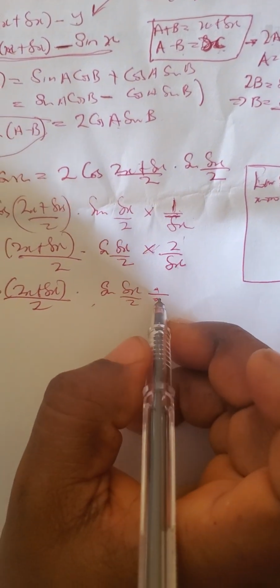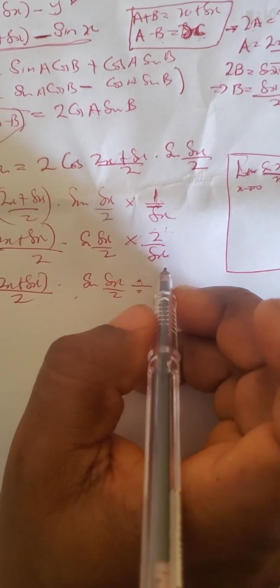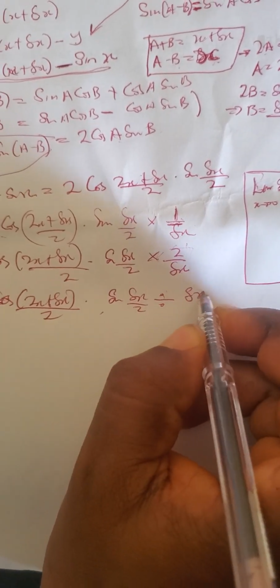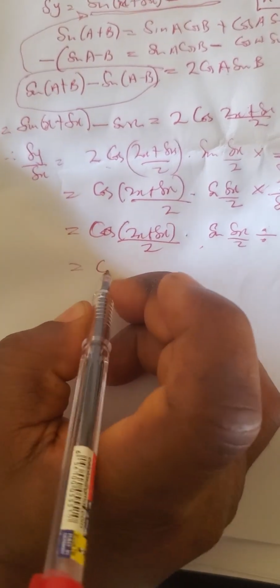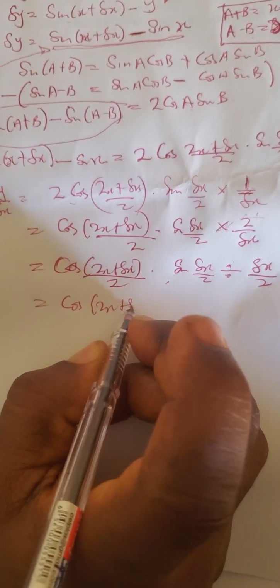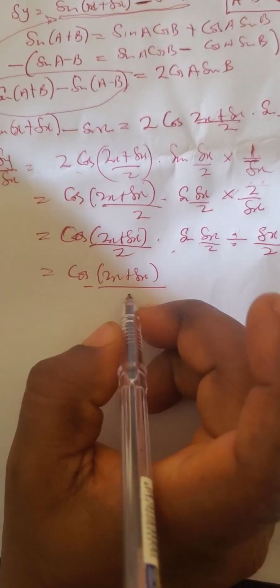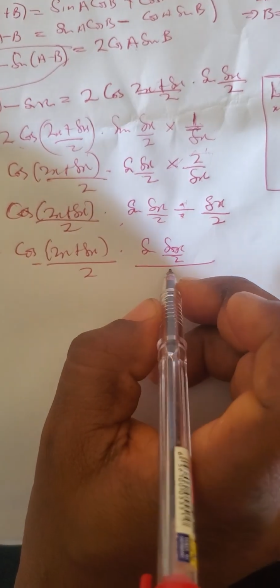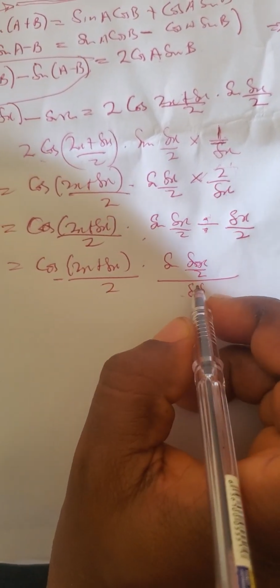So the times when it's changed to division, this fraction will be rewritten so that I have delta x divided by 2. So this can be rewritten as cos 2x plus delta x divided by 2 times sine delta x all over 2 divided by this division sign, delta x all over 2. So that is my delta y over delta x.